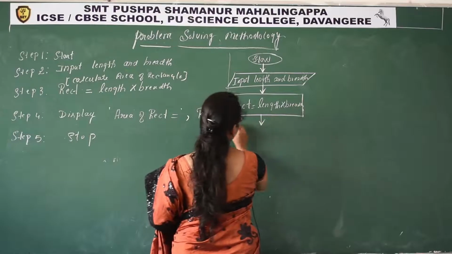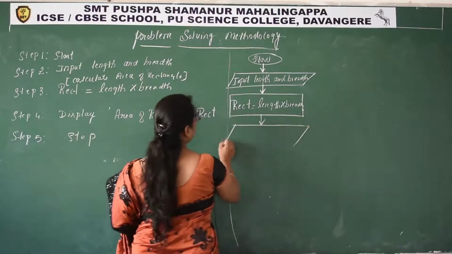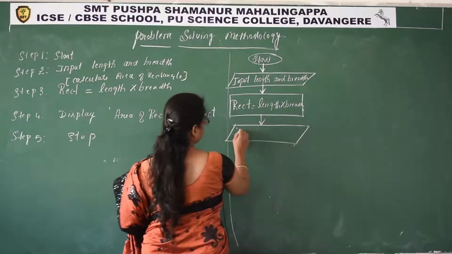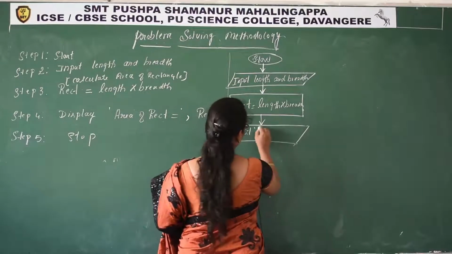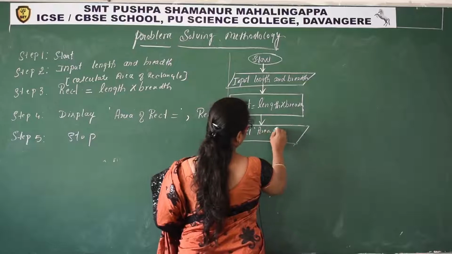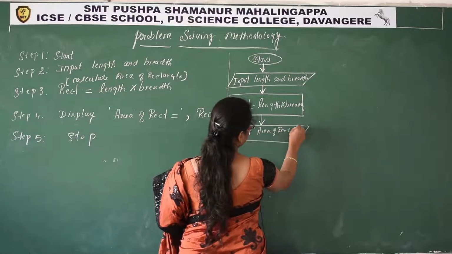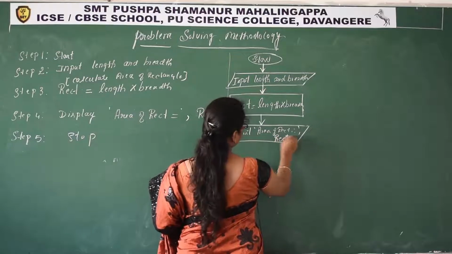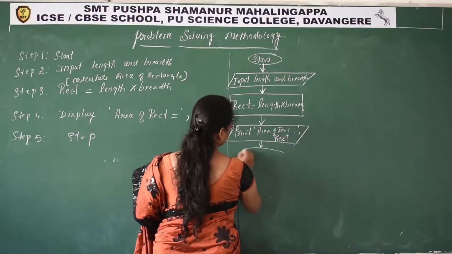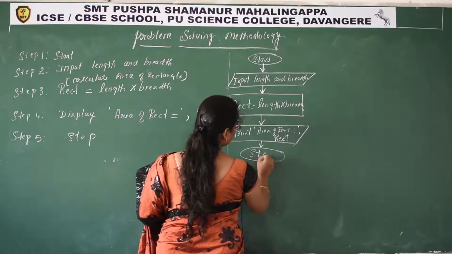Now you have to display the result. Again a parallelogram. Print area of rectangle is rect. The answer is in rect now. Then stop.